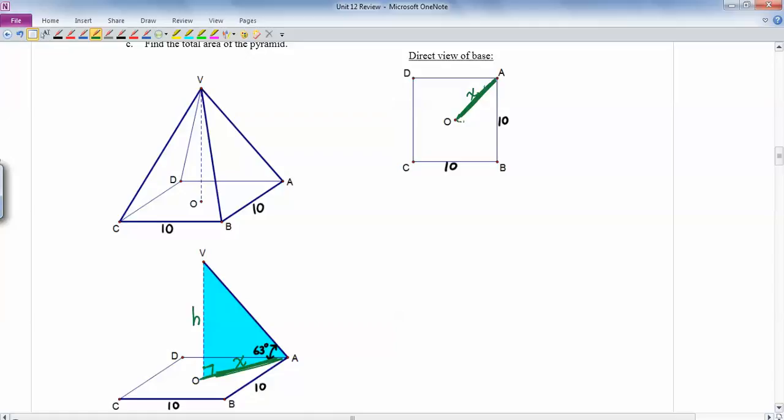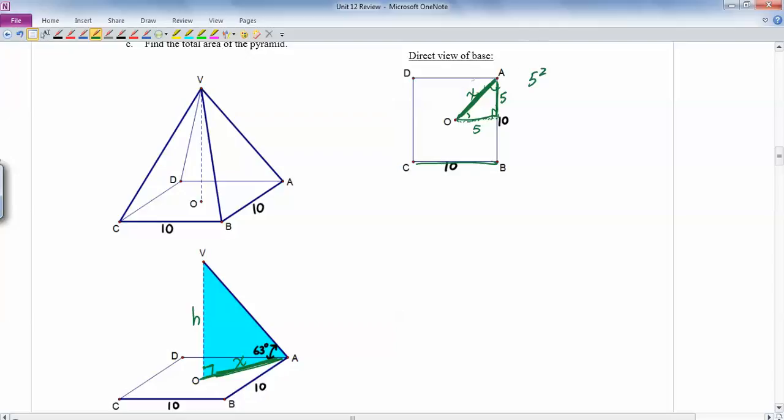One of the ways we could get it is to say this is half a 10, so that's 5. This is half a 10, so that's 5. Then you could either do Pythag to get x, or you could do the 45, 45, 90 theorem, because this thing's an isosceles right triangle, and get 5 root 2 for x.